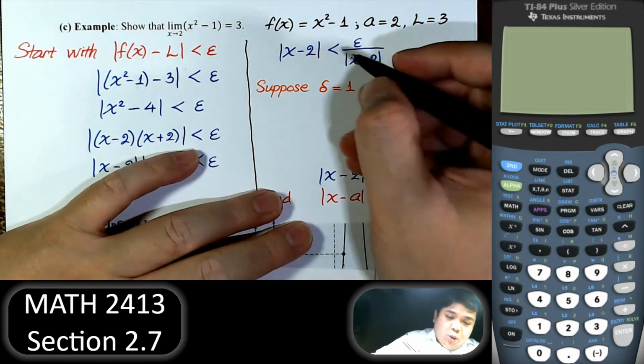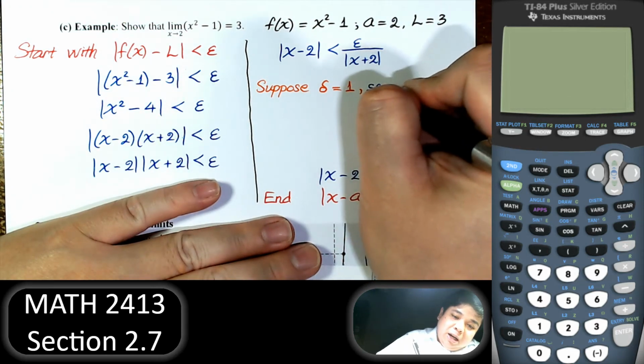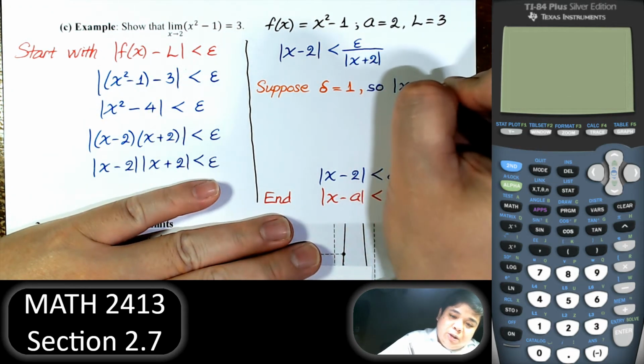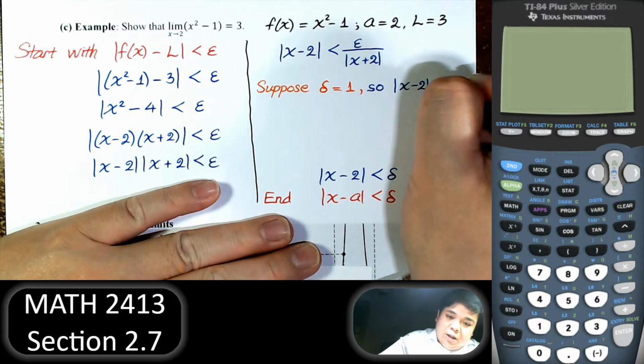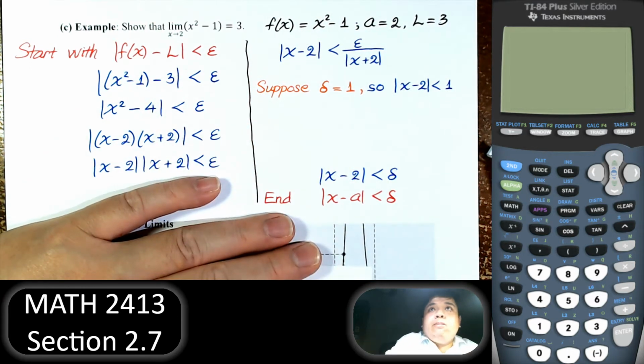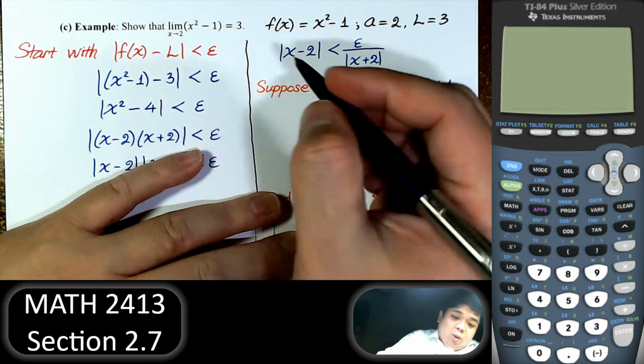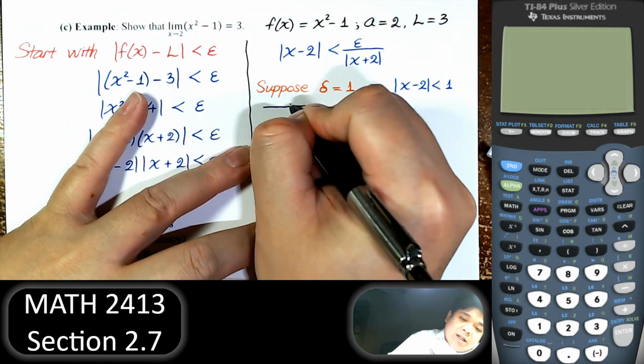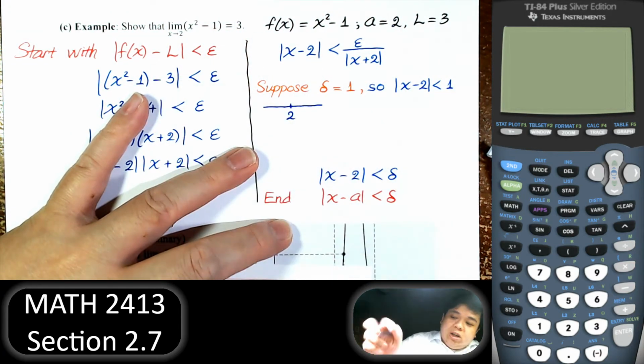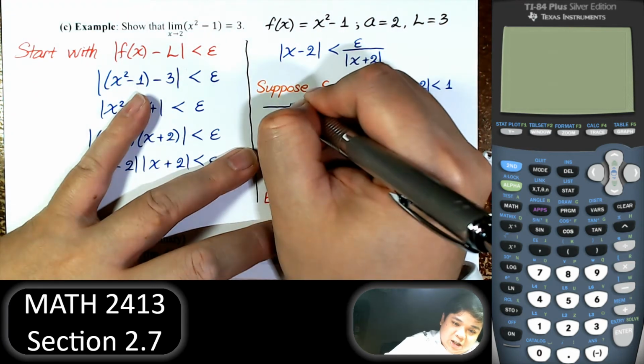If delta is equal to 1, meaning that the absolute value of x minus 2 is less than 1, meaning that from 2 we go 1 to the left and 1 to the right.